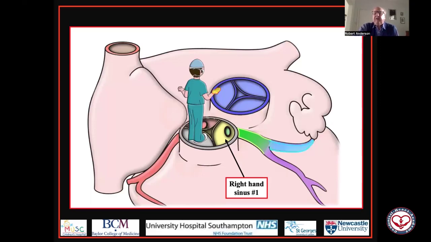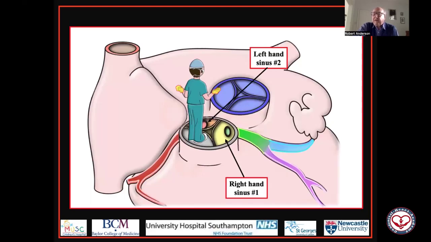And that then divides, in most cases, but as we'll see not all, into the circumflex and the anterior interventricular arteries. So the other sinus still is now the left-hand sinus of the surgeon. We still call that sinus number 2. And in the majority, but not all cases of transposition, it gives rise to the right coronary artery.